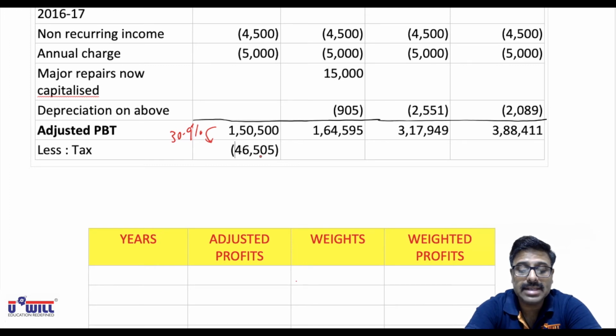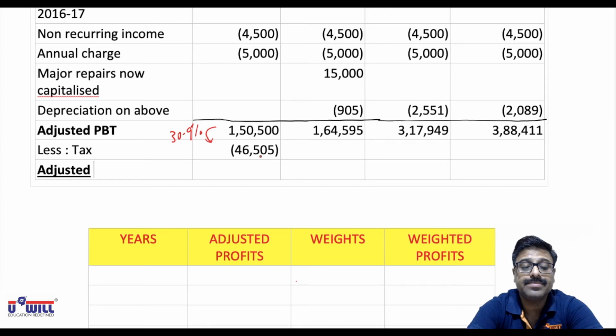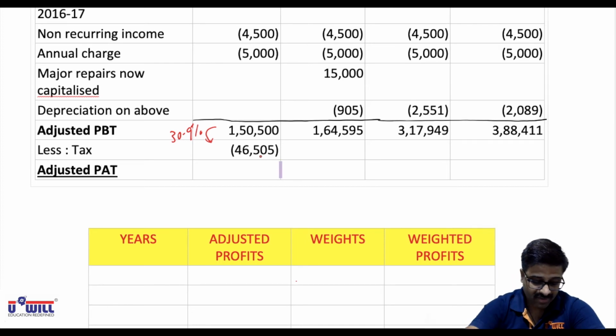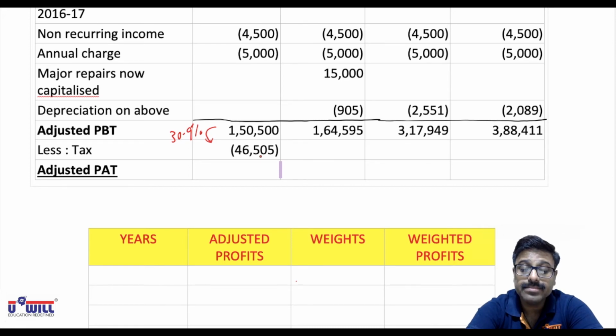So what we'll get is adjusted profits after tax. That comes to 103,995.